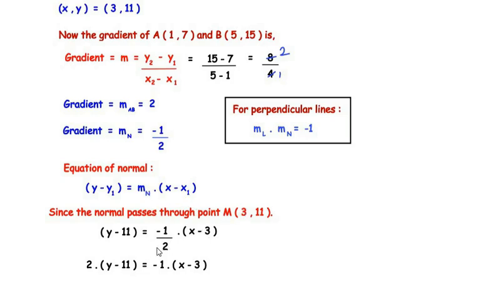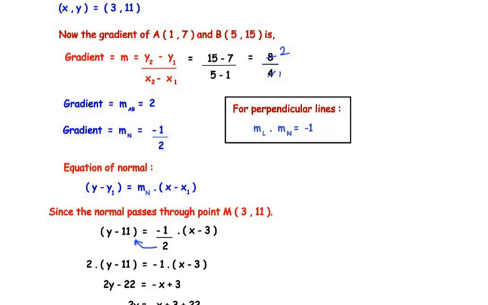Now let us take this 2 on the other side of the equal to sign so that it multiplies with y minus 11, giving us 2 times y minus 11 is equal to negative 1 times x minus 3. Now let us expand these brackets. So 2 times y gives us 2y. Now 2 times negative 11 is negative 22, is equal to negative 1 times x, which is negative x, and negative 1 times negative 3 is positive 3.